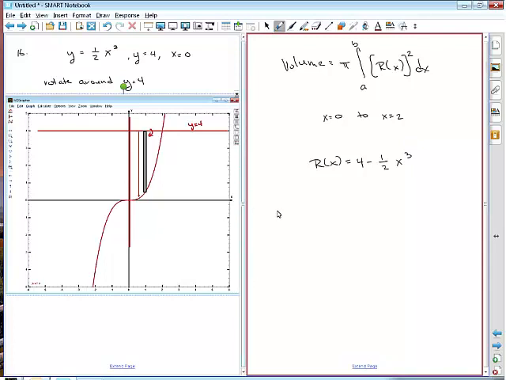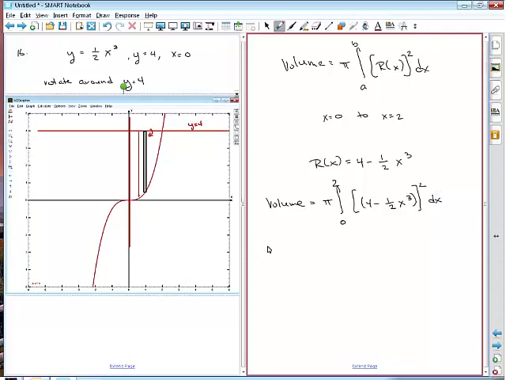So that's r of x. So now we just plug in. The volume is equal to pi times the integral from 0 to 2 of the quantity 4 minus 1/2 x cubed squared. I probably put an extra parentheses that I didn't really need there.